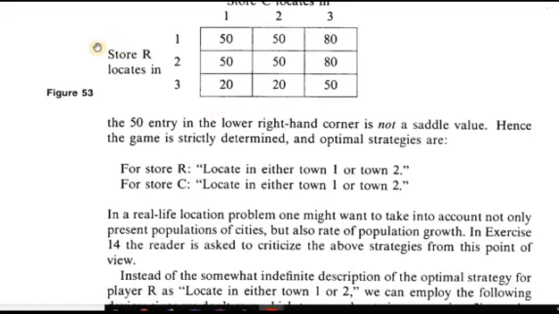For instance, if I take the row vector 1, 0, 0 and multiply this matrix on the left by it, you can verify that the result will be 50, 50, 80.